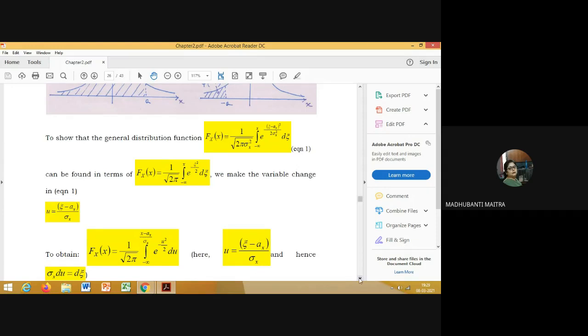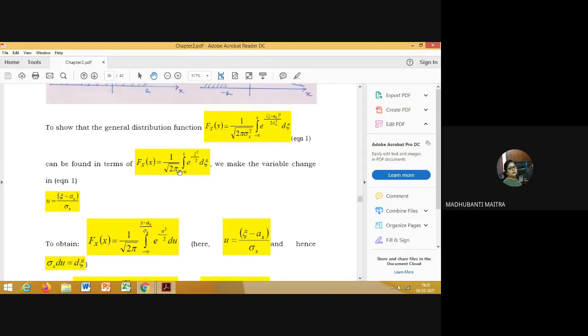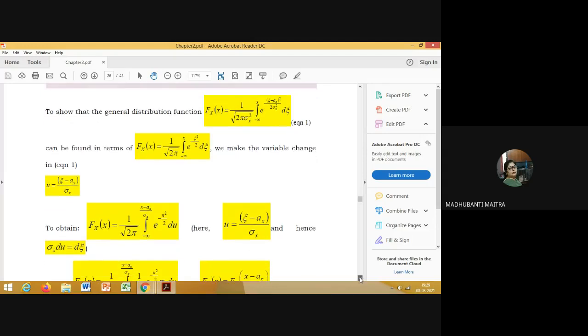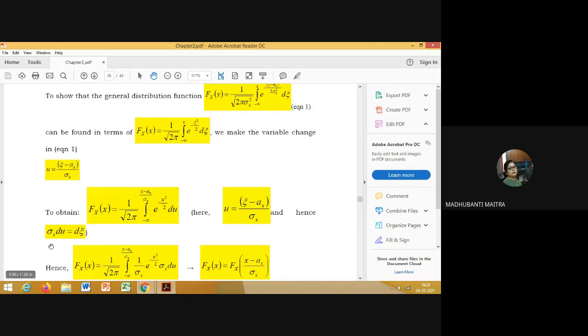And this sigma x part, we can take out this sigma x square, and here we can write 1 by sigma x. And you see here, sigma x into du will be equal to d zeta. Yes, sigma x du is equal to d zeta, right?